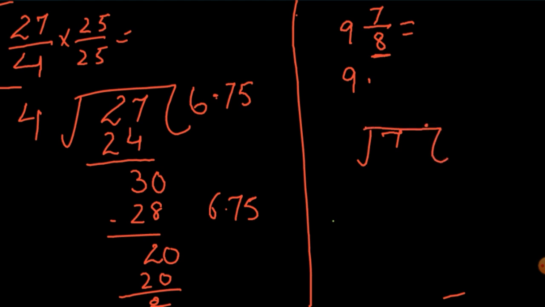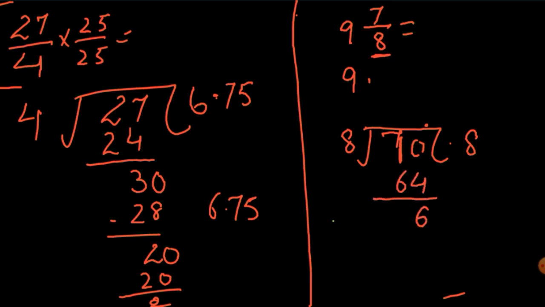So divide 7 by 8. Now 7 is the smaller number, 8 is bigger, we can't divide. So just put a decimal here and take a 0. Recall 8's table: 8 sevens are 56, 8 eights are 64, 8 nines are 72. So 8 eights are 64.